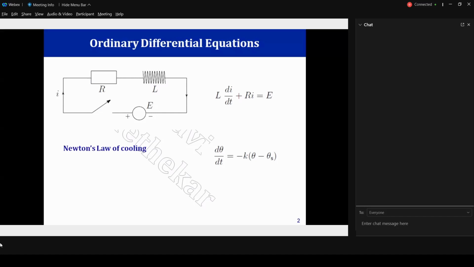Now, when we try to model a system where there are a lot of complex dynamics occurring simultaneously, there might be a chance that we get combinations of ordinary differential equations, partial differential equations, and algebraic equations. And when we say that I am going to simulate the system, I need to know the ways to solve these ordinary differential equations, partial differential equations, and algebraic equations simultaneously.